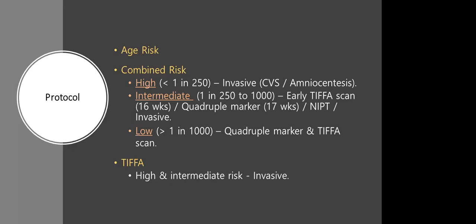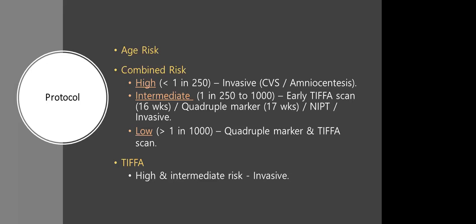We have to decide very categorically whether the baby is going to be normal or not. The risk is intermediate, definitely 1 in 250, or between 1 in 250 to 1 in 1000, but it is not very high. So it is the call of the patient, how convenient the patient is with the tests.